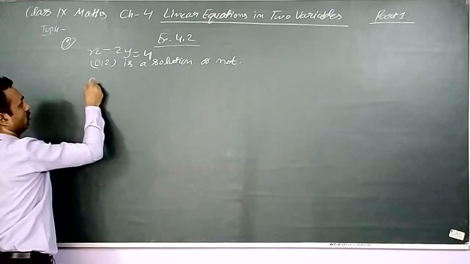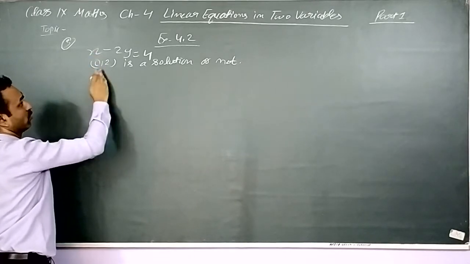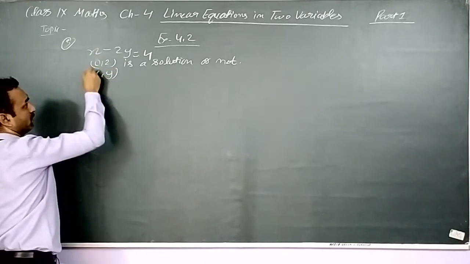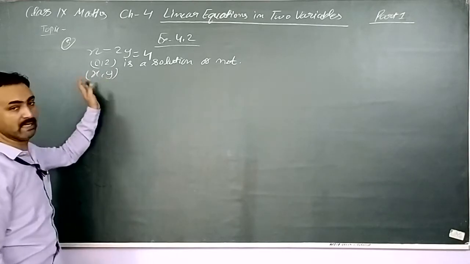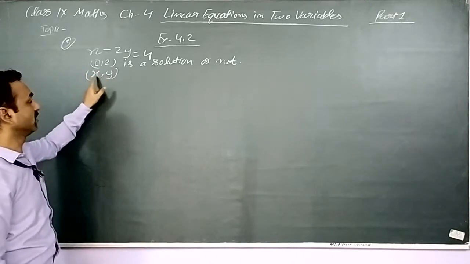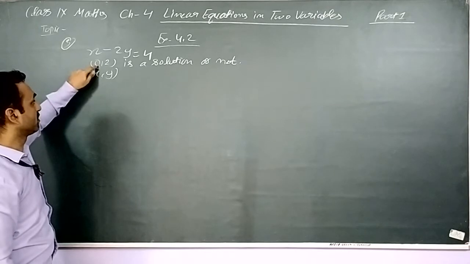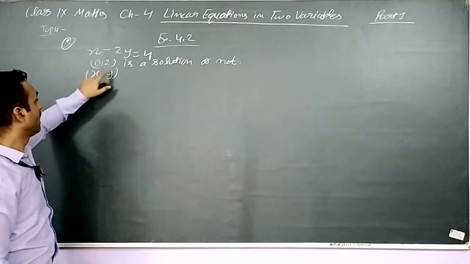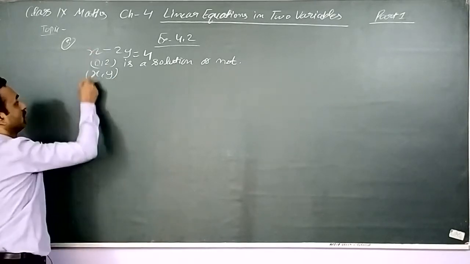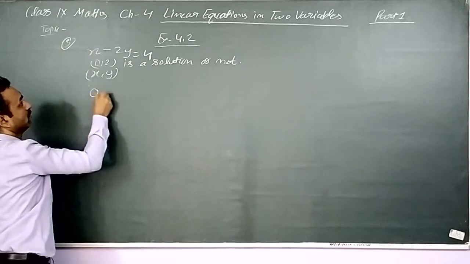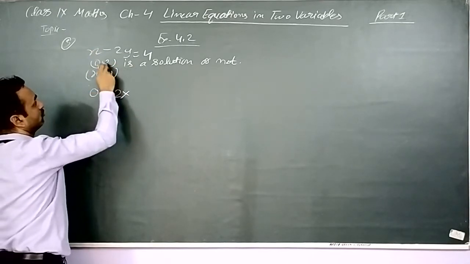So we put 0 in place of x and 2 in place of y. Actually we write the solution of linear equation as x first, then y, with a comma. So this 0 means x value, and 2 means y. So we put x equals to 0 and y equals to 2.